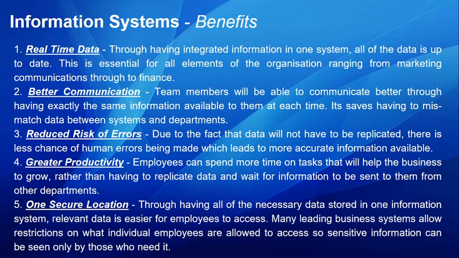Many leading business systems allow restrictions on what individual employees are allowed to access so that sensitive information can be seen only by those who need it. So these are some of the benefits that a business organization can get by applying the information system into its working.